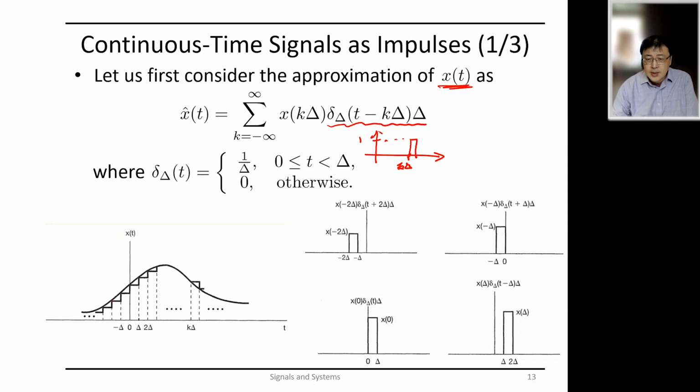If your continuous time signal x of t is sufficiently smooth, then we can expect that as this delta becomes smaller and smaller towards 0, eventually x hat of t will converge to x of t as delta goes to 0. And this delta sub capital delta of t, the very short pulse that we introduced before, converges to the delta function as delta goes to 0.